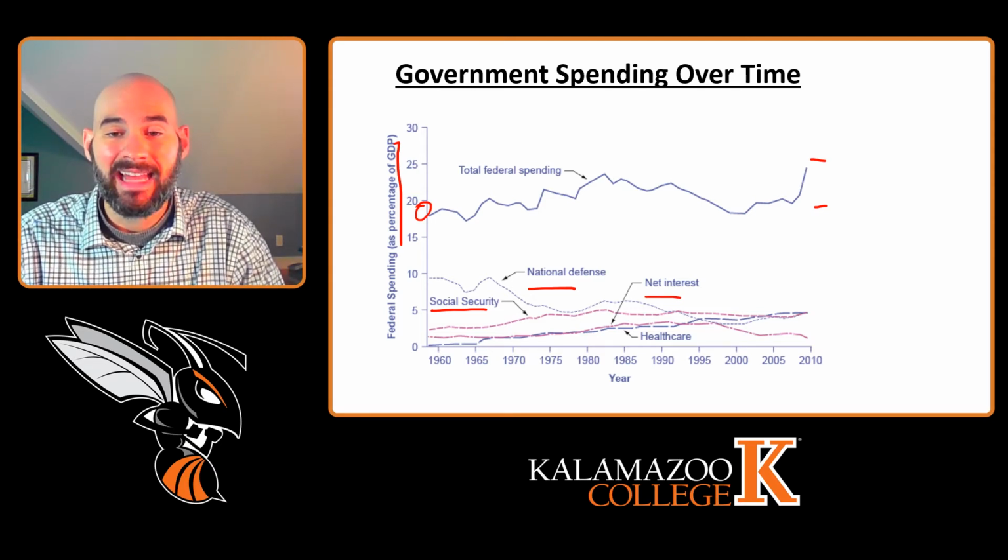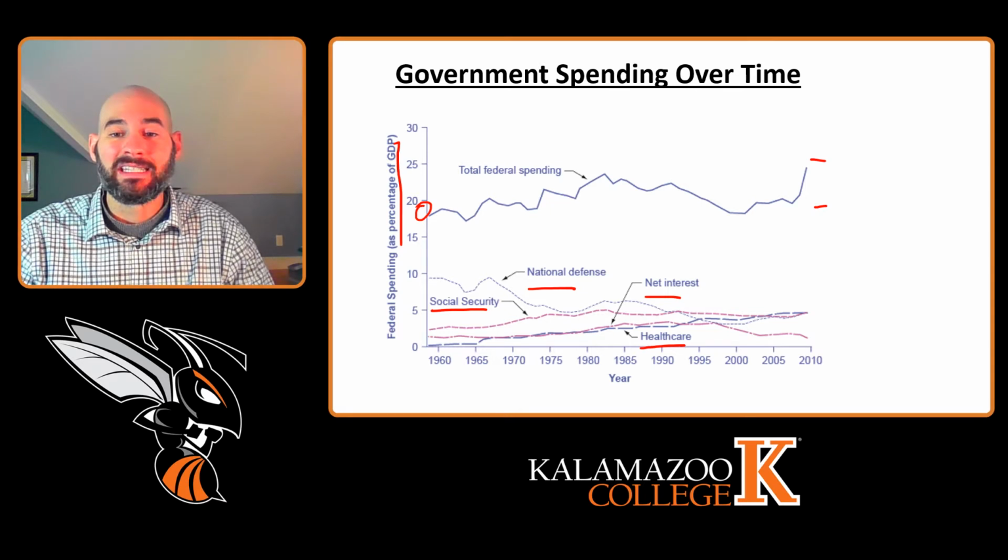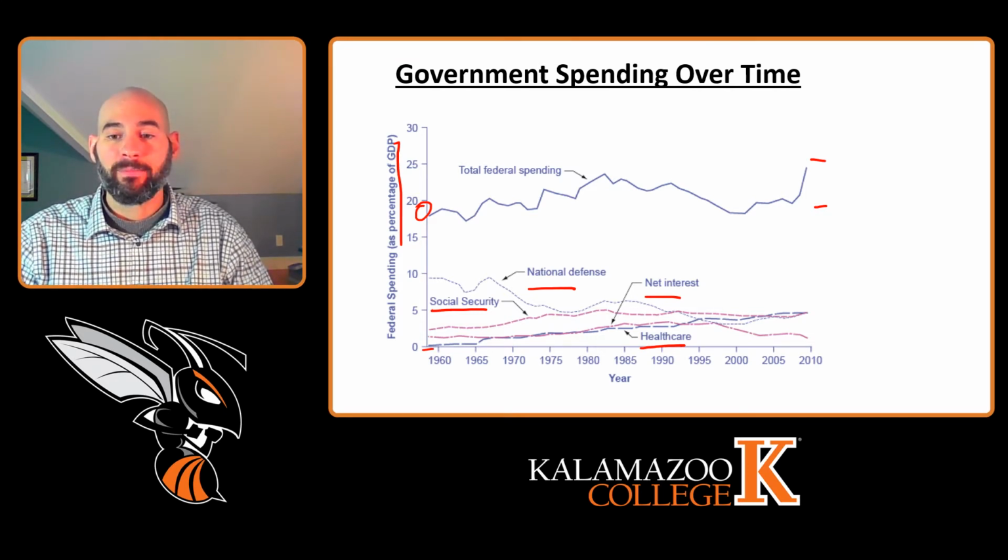We can see that government spending on healthcare has increased dramatically from prior to the 1960s, where it made up virtually 0% of GDP, to now representing more than 5% of GDP being spent on healthcare.